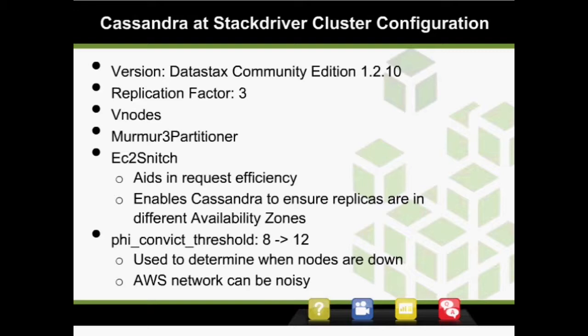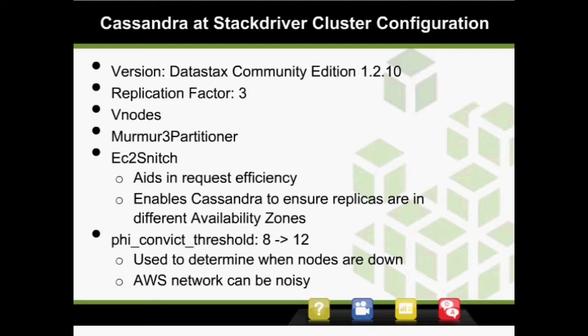So specific to AWS, one of the plugins that you can use with Apache Cassandra is an EC2 snitch. What the EC2 snitch allows you to do is, first of all, it aids in request efficiency. So when you make a request to Cassandra, requests are routed in an availability zone, so you actually get a lower latency.